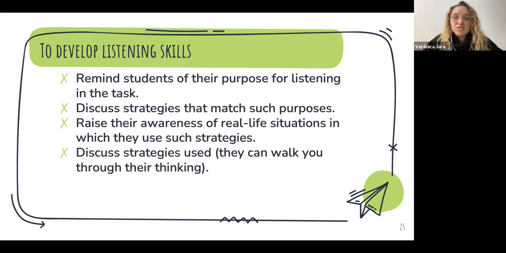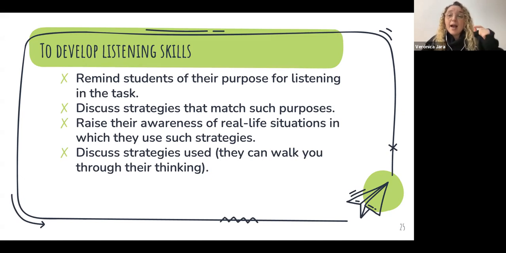Then discuss the strategies used, and they can walk you through their thinking. And I find this very, very useful after you've done the activity with students and you're discussing answers. Before telling them, yes, number 20, letter A, you can ask them to walk you through their thinking.